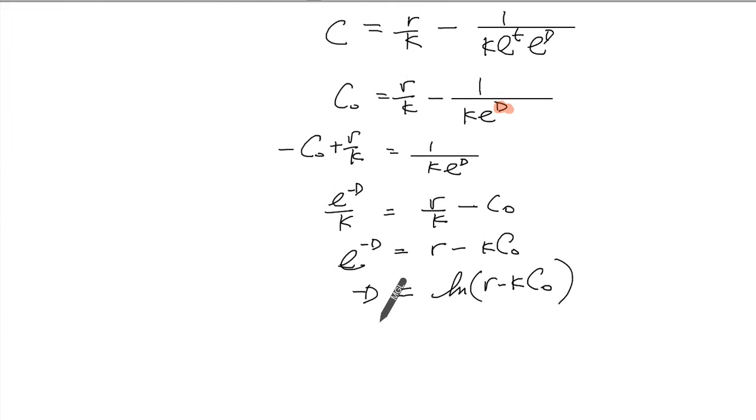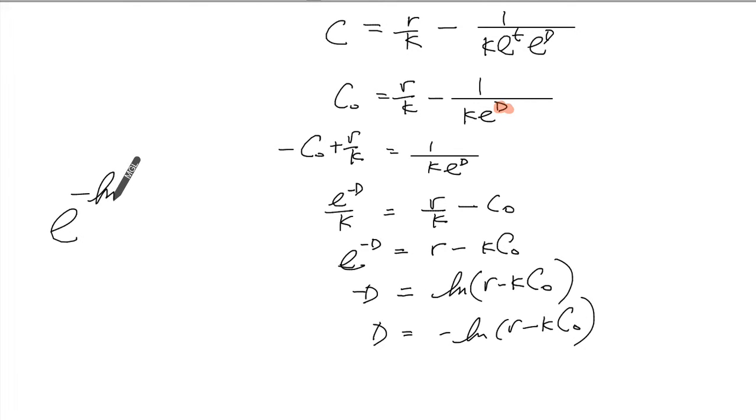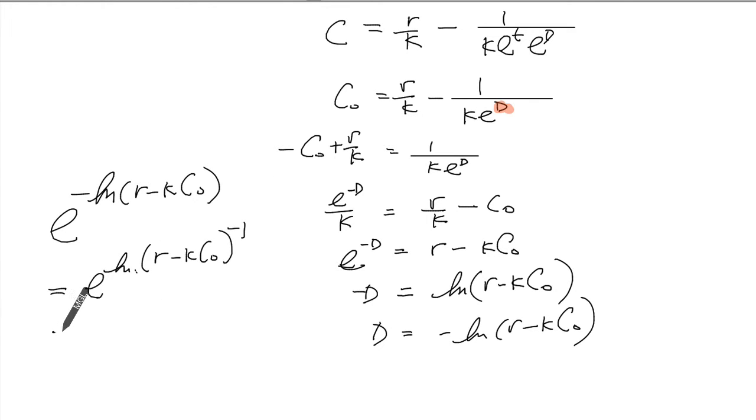Okay, that means D is equal to minus ln of r minus kC0. Replace that in here. So what is e to the power of minus ln of r minus kC0? Okay, you just bring this negative up, then you get this. But because the base is the same here, e and e, this is equal to r minus kC0 to the power of -1, which is the same as 1 over r minus kC0.